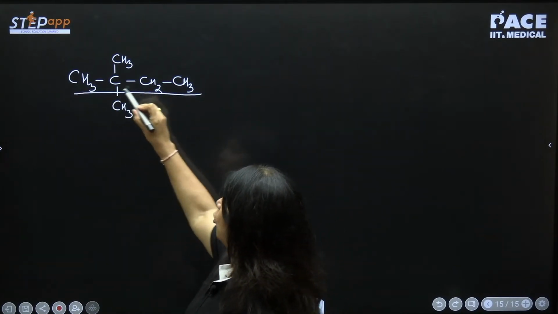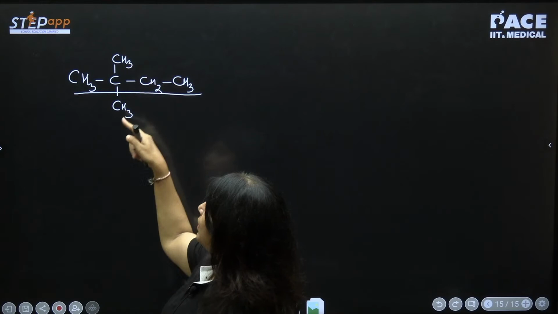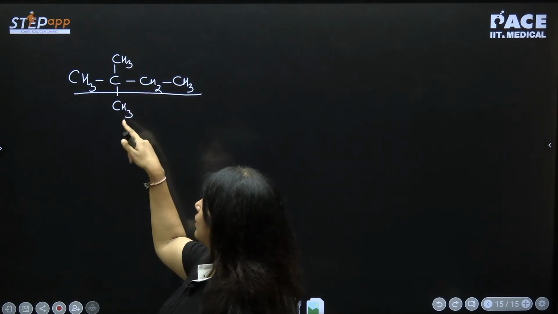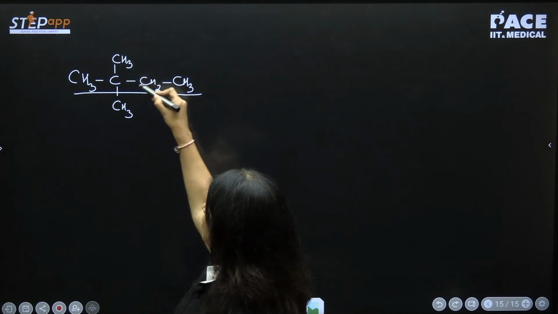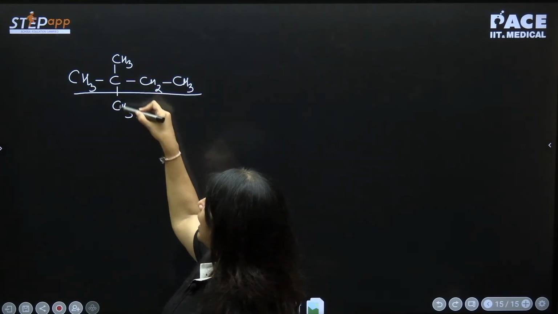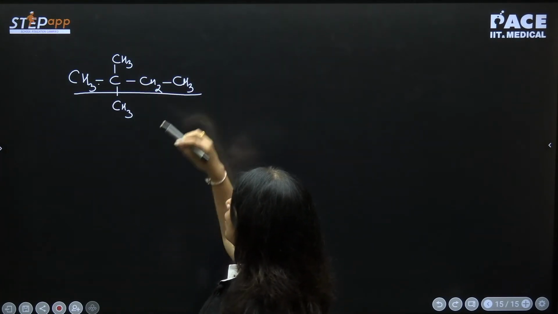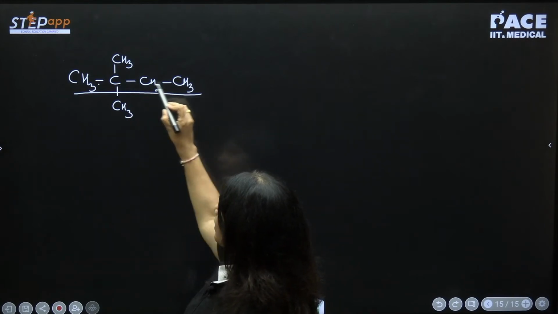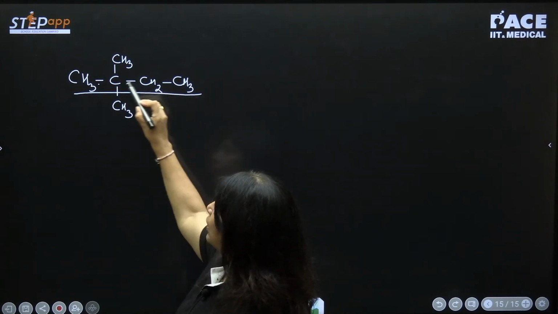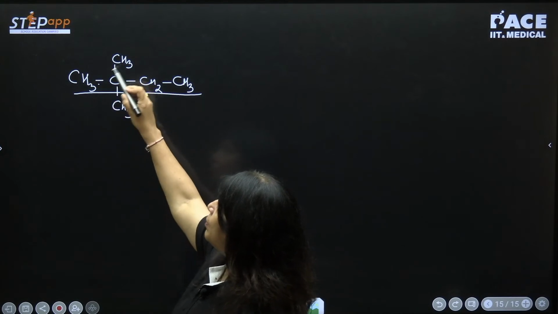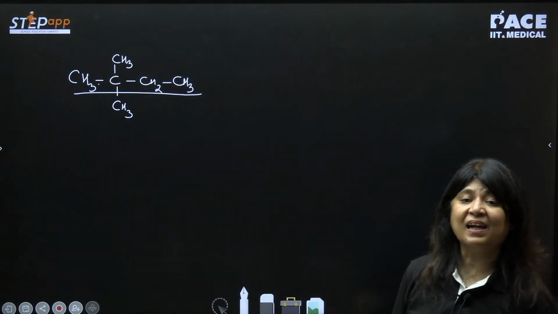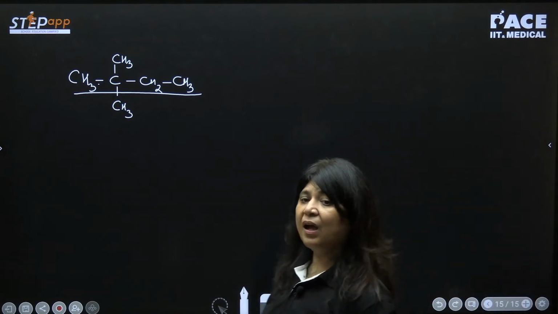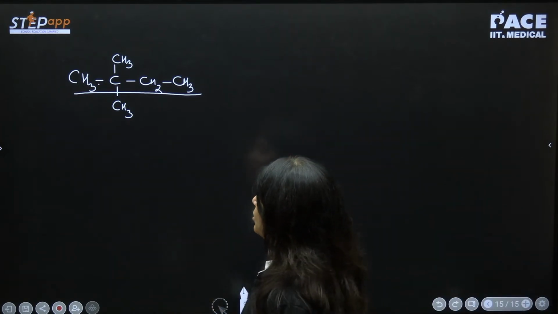If this is the 4 carbon chain, there are 2 methyl branches here on the second carbon. If I take this as the parent chain, again the parent chain has 4 carbon with 2 methyl branches on the second carbon. What if I take this as the parent chain? This also has 4 carbon atoms in the chain with 2 methyl groups on the second carbon. So all the 3 chains are exactly the same. You could take any of these as the parent chain.